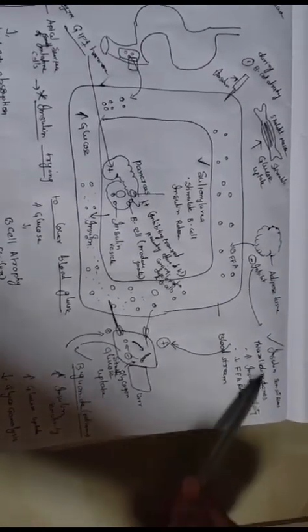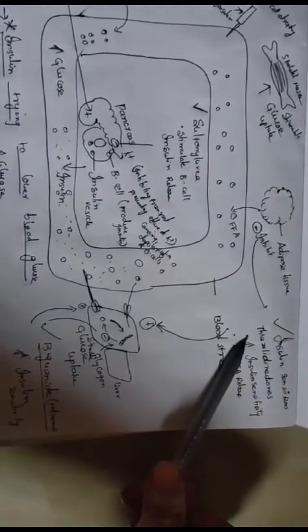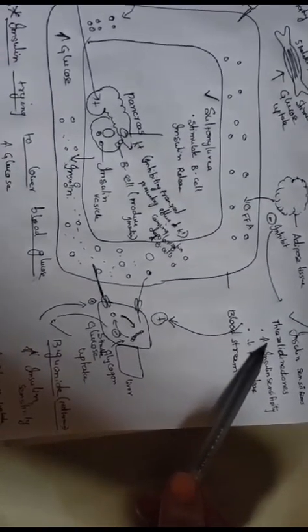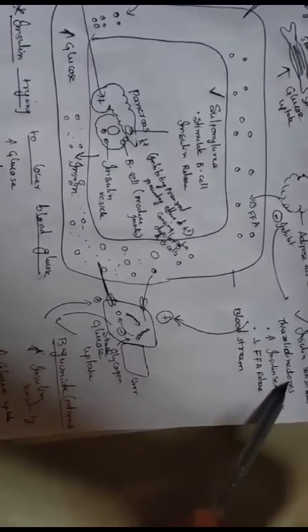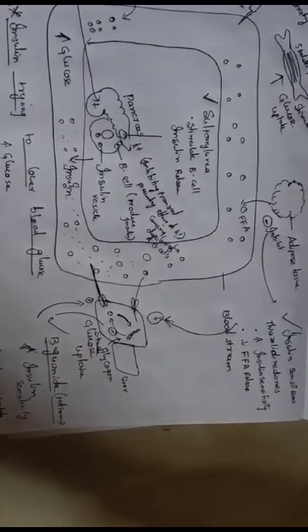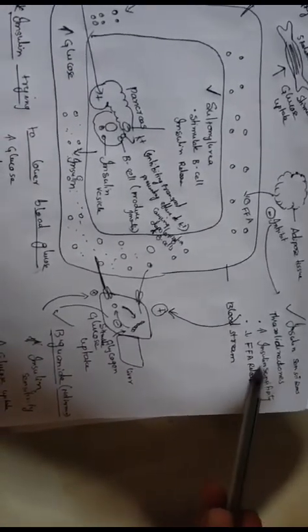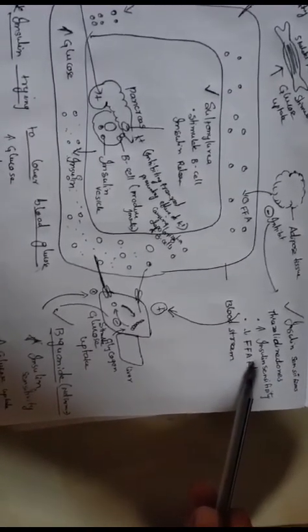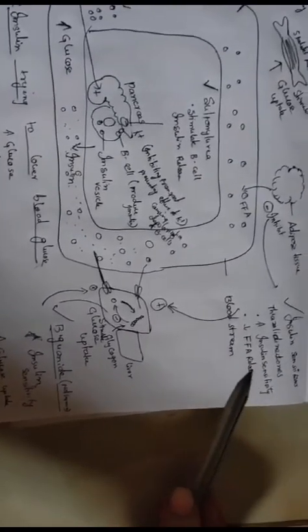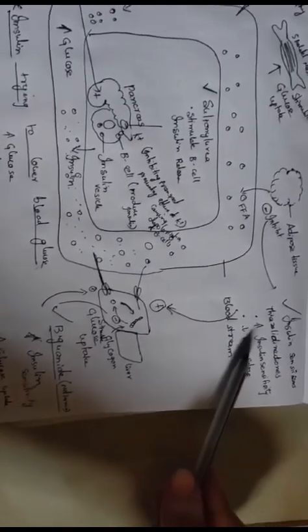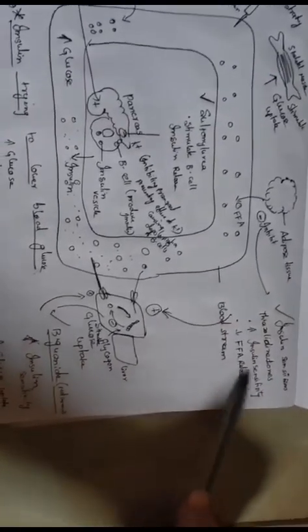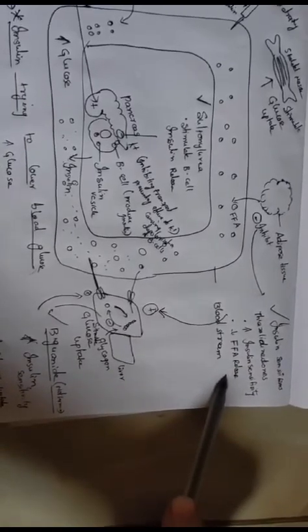My dear student, the example of insulin sensitizers is the thiazolidinediones. What do thiazolidinediones do here? They increase insulin sensitivity and decrease free fatty acid release. They increase insulin sensitivity and decrease the release of free fatty acids.